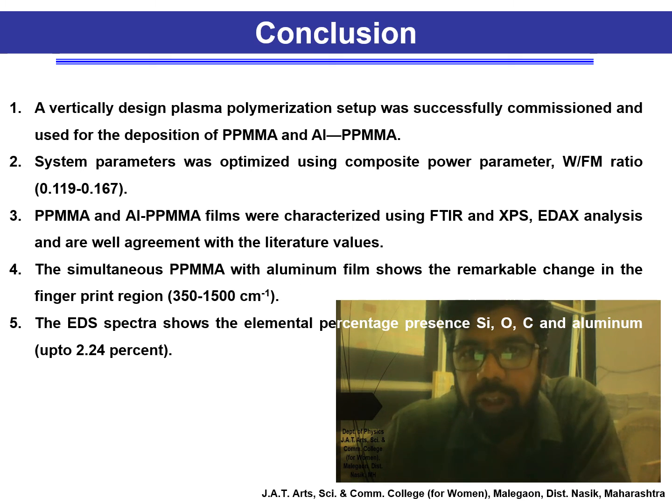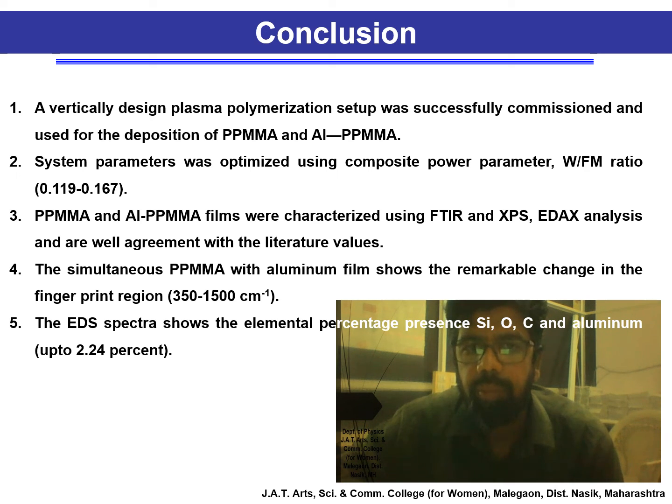Let us come to the conclusion part. I have made some conclusions. A vertically designed plasma polymerization setup was successfully commissioned and used for deposition of PPMMA and PPMMA with aluminium metal. The system parameter was optimized using composite power parameter, the ratio of power to flow meter, 0.119 to 0.167.